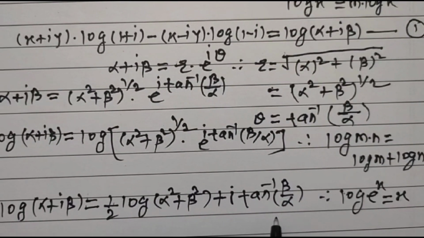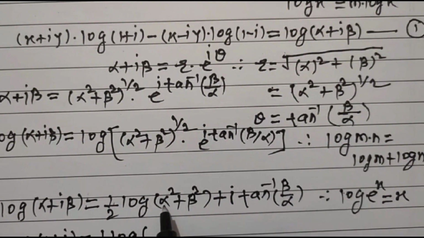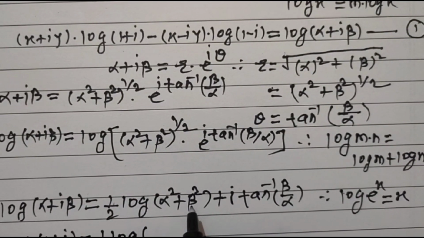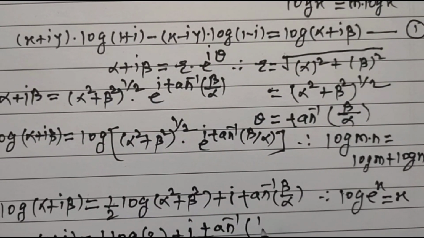By using this formula, we can write logarithm of 1 plus i also, substituting alpha is equal to 1 and beta is equal to the coefficient of i, that is 1. So this is equal to 1 upon 2 logarithm of alpha square, alpha is 1, 1 square is 1, beta is also 1, 1 square is 1, 1 plus 1 is 2, plus i into tan inverse beta upon alpha, 1 upon 1.